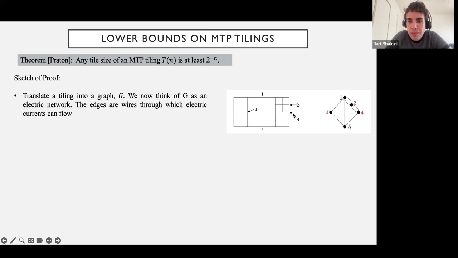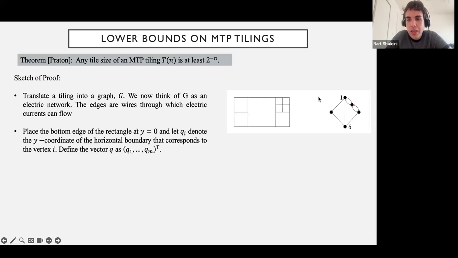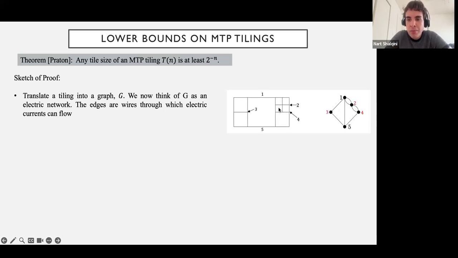And then I map each of these horizontal components to a vertex. So I'm mapping components to vertices in this case. And then I map tiles to edges. This is a little confusing. You would normally expect to map tiles to vertices, but in this case, I'm mapping tiles to edges.